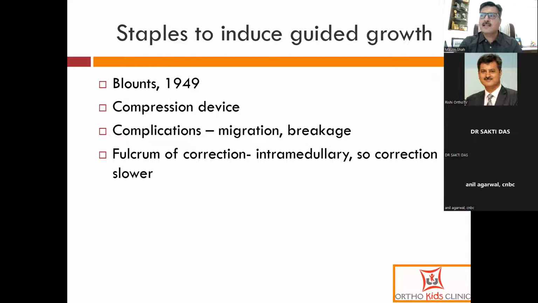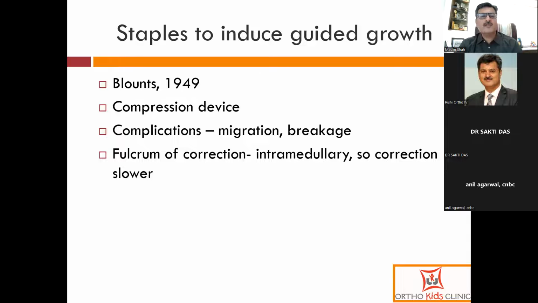But a staple is a compression device. And when we use a compression device, we always have a fear that it would lead to permanent closure of the physis underneath. And then we cannot use it in younger children, because if the physis gets sick, the child might develop an opposite deformity.